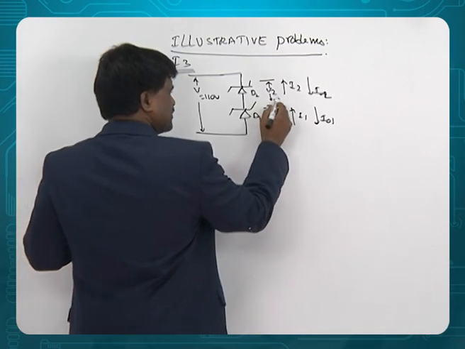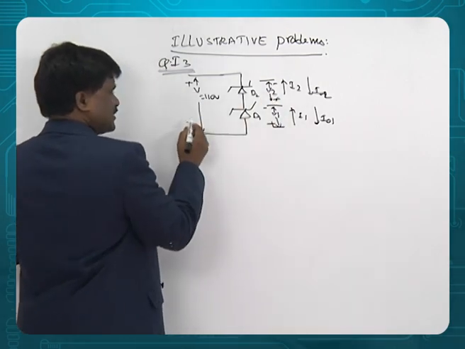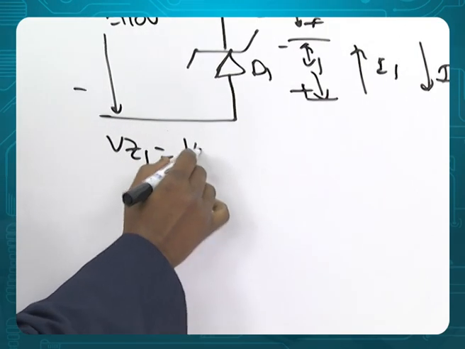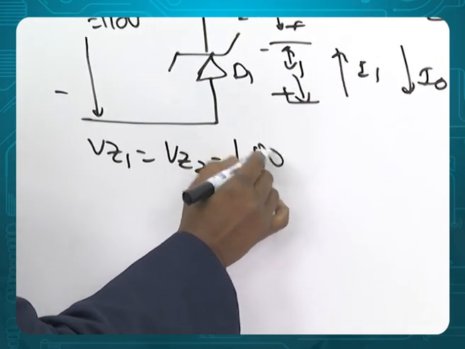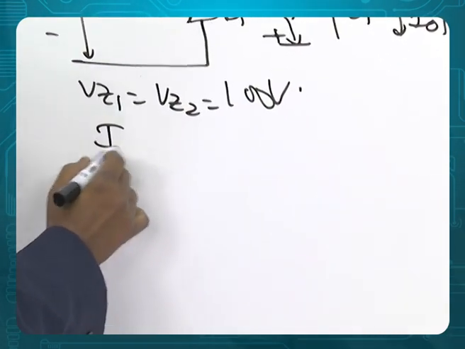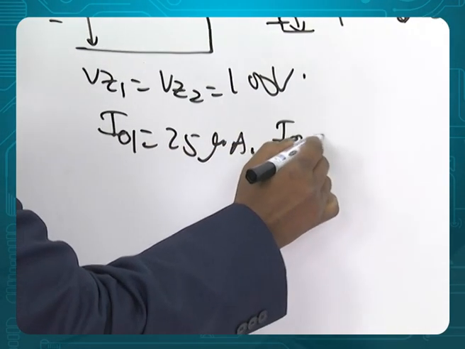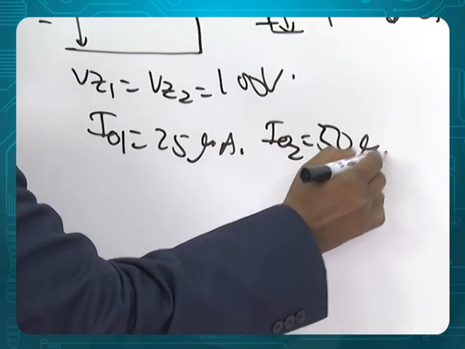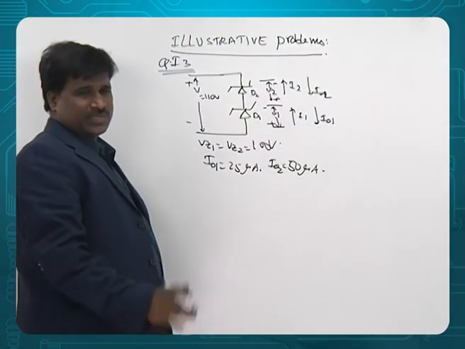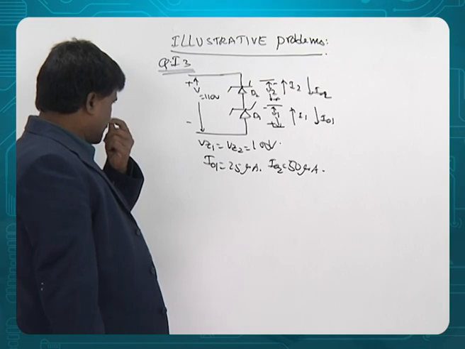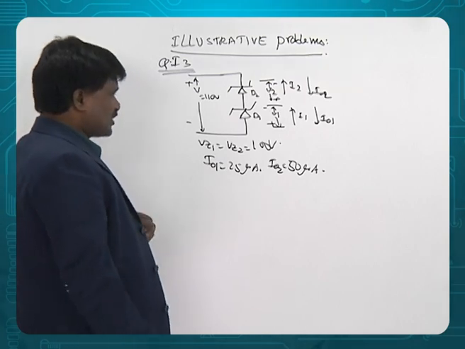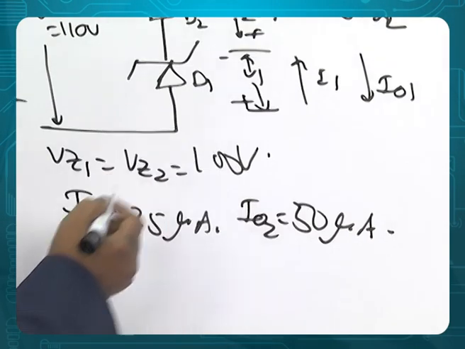This is plus minus, plus minus, plus minus. VZ1 is VZ2 is 100. I01 is 25. I02 is 50. This is the question given to us. And how do we solve here? Solution.